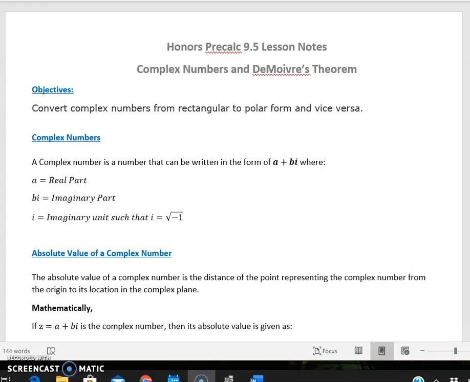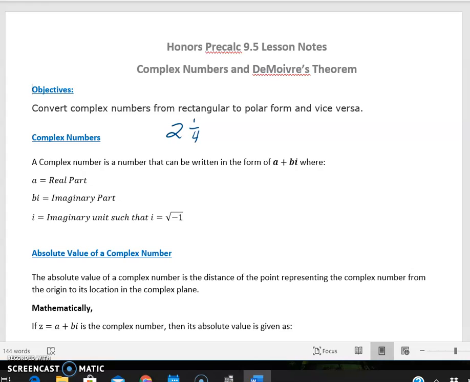The objective of this is to convert complex numbers from rectangular to polar form and vice versa. So that's what we're going to do. Not real hard. Complex numbers are part real number and part imaginary number. Think of when you have a mixed number, for instance, maybe 2 1/4.